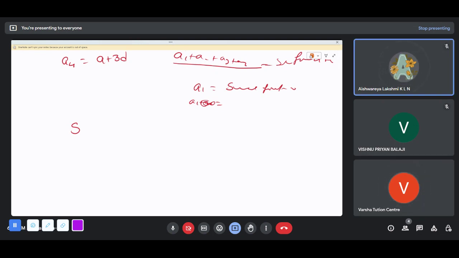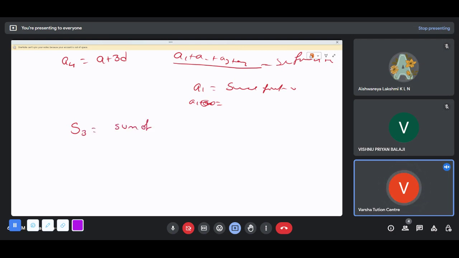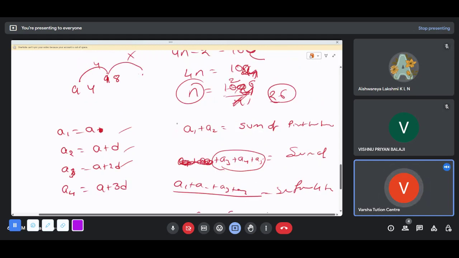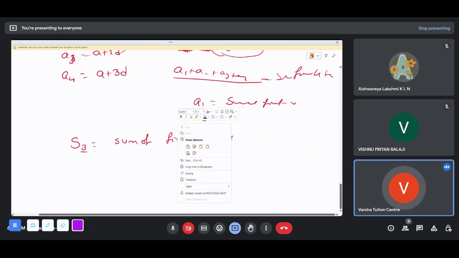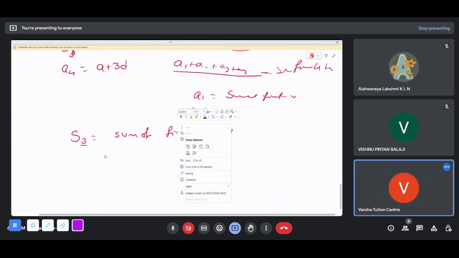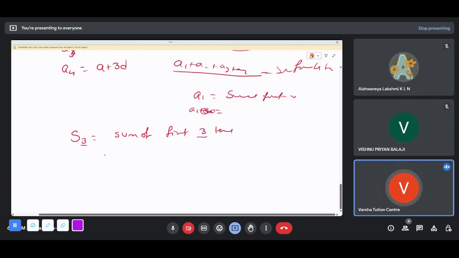Okay. Now see, we are bringing one thing into the picture. What is the meaning of S3? Tell me. Sum of first three terms. When you said three, it means sum of first three terms. That is the representation. I cannot write it out every time, like A1 plus A2 plus A3. Now someone asked, write the sum of first 20 terms, sir.